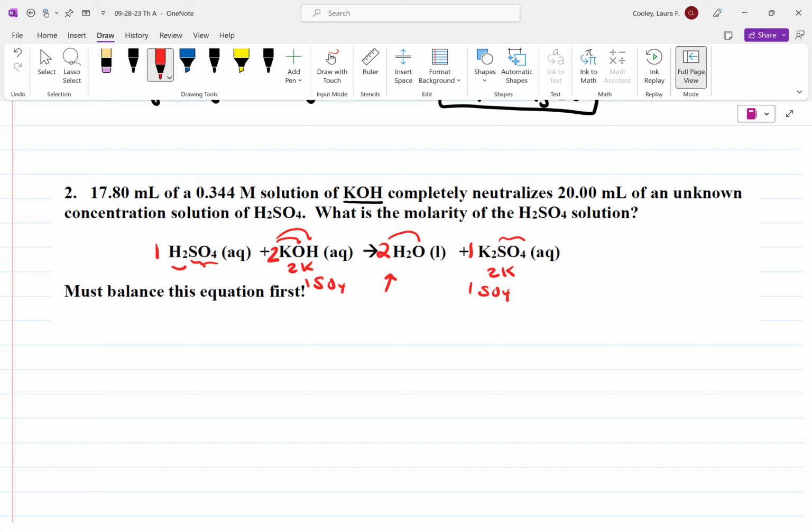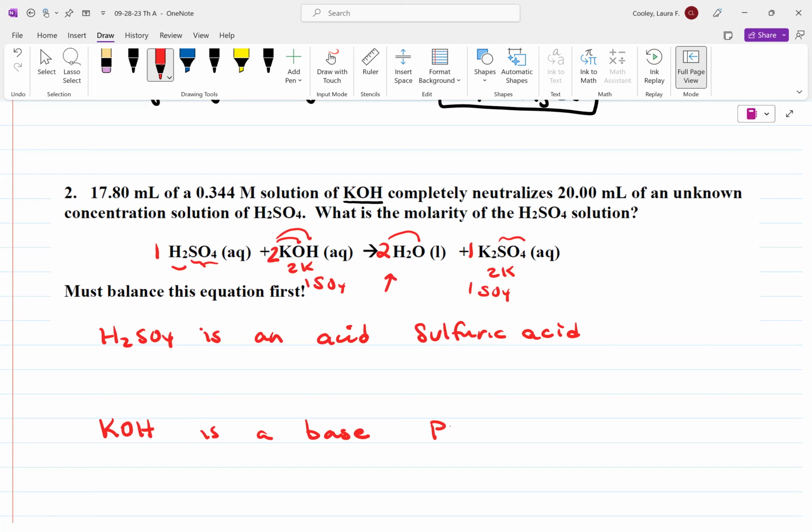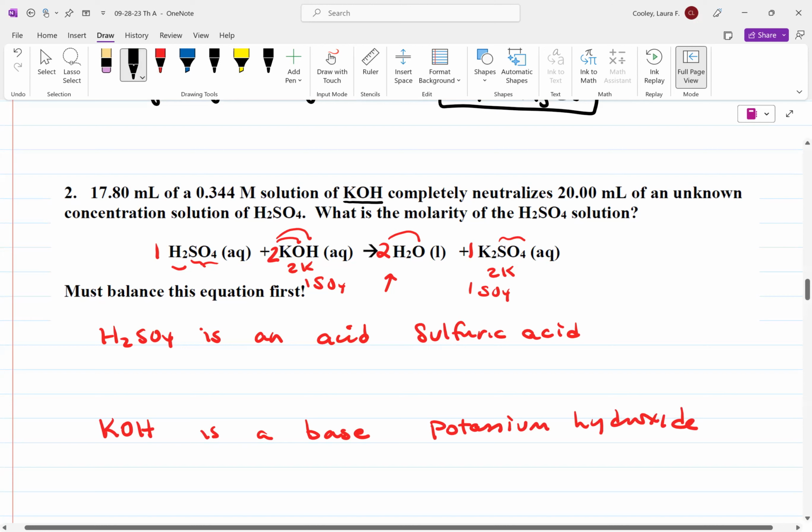But I want to talk to you about what type of reaction this is before we actually solve this problem. H2SO4 is an acid, sulfuric acid. And KOH is what we call a base, potassium hydroxide. We know that from earlier study. We're going to cover this next week, but I wanted to do some stoichiometry with this.